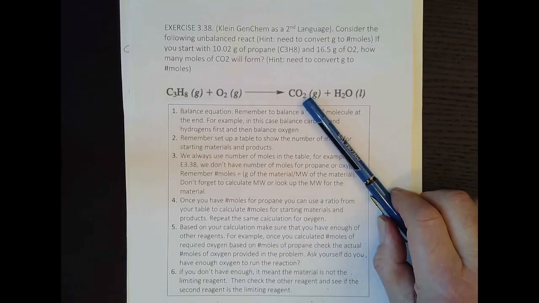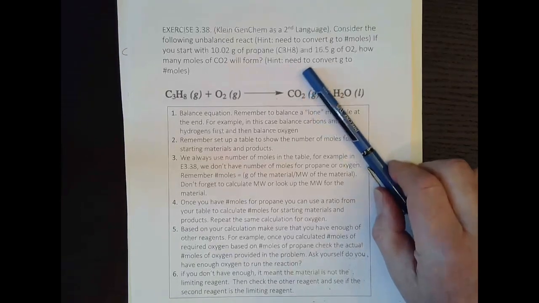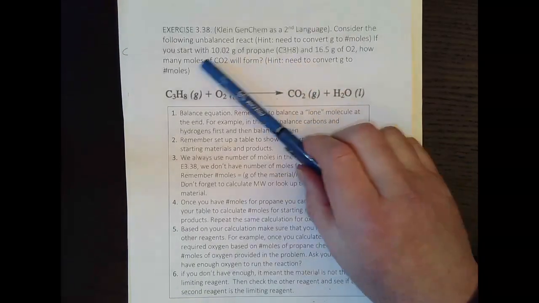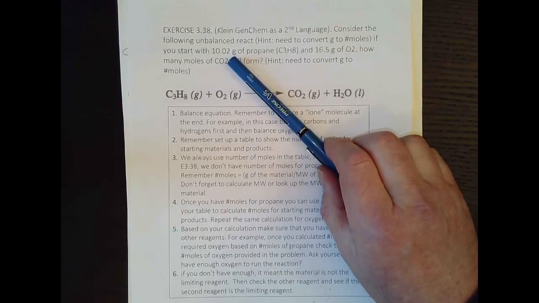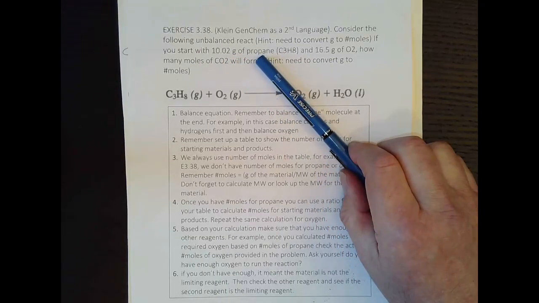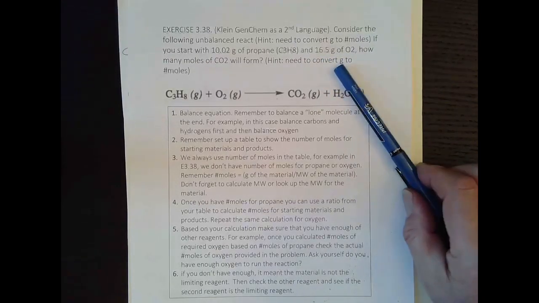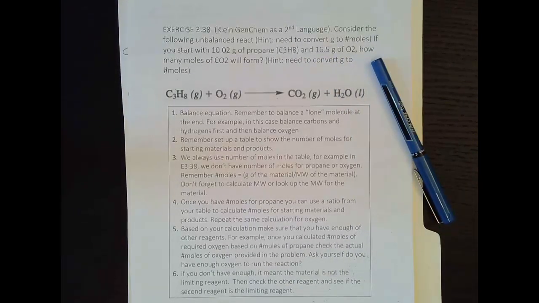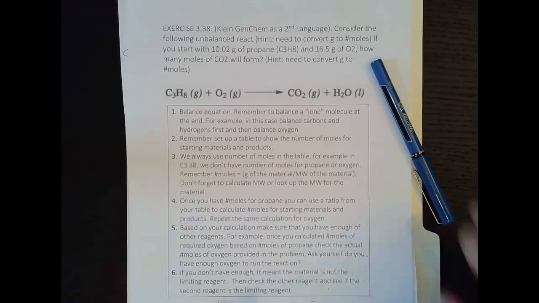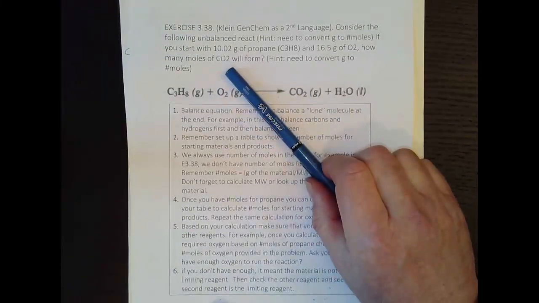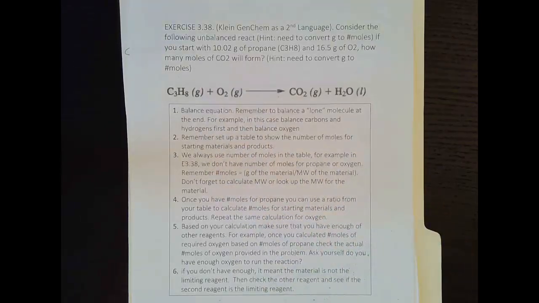If you look at the problem, it says that we only have grams: 10.02 grams of propane and 16.5 grams of, I'm sorry, oxygen. Now, it's asking us how many moles, not grams, of CO2 are we going to make? Again, we have all grams, so we have to convert the grams to moles.